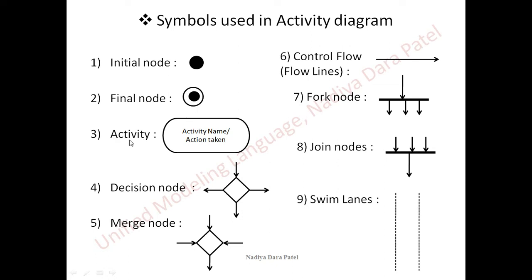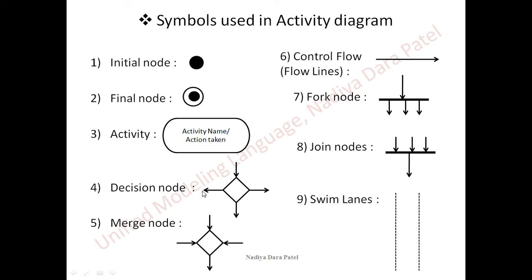The next symbol is the activity symbol, which is the terminal symbol from our flowcharts. If you go through these three symbols, this is where the diagram will start. It will have different activities and it will reach the final node. In this activity symbol you can write the activity name or what action you are going to take.